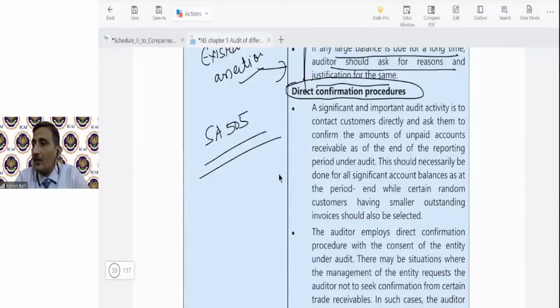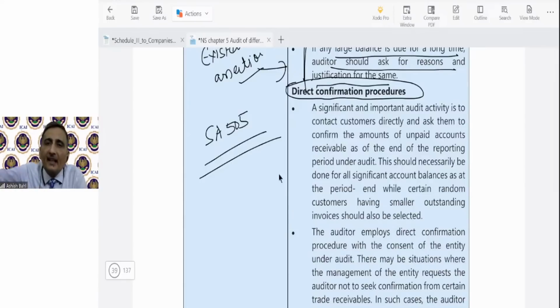Manish Kumar and Shyam Goel, both of you are correct. He is testing existence assertion. So first of all, he would be gaining comfort that the debtor exists.